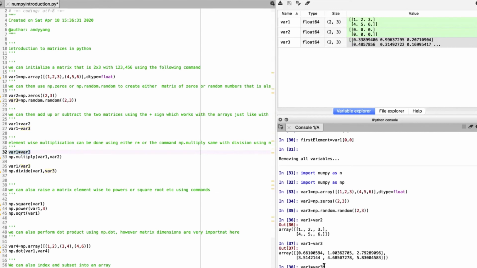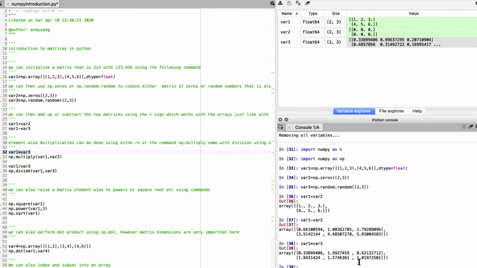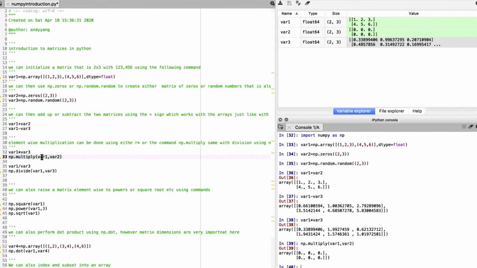So var1 times var3, you still get a 2 by 3, and it's 1 multiplied by 0.33, 2 by 0.99, etc. There's also the command np.multiply that does the same thing, except this time we're multiplying by var2 instead of var3. So you get all zeros because it's 1 times 0, 2 times 0, 3 times 0, etc.